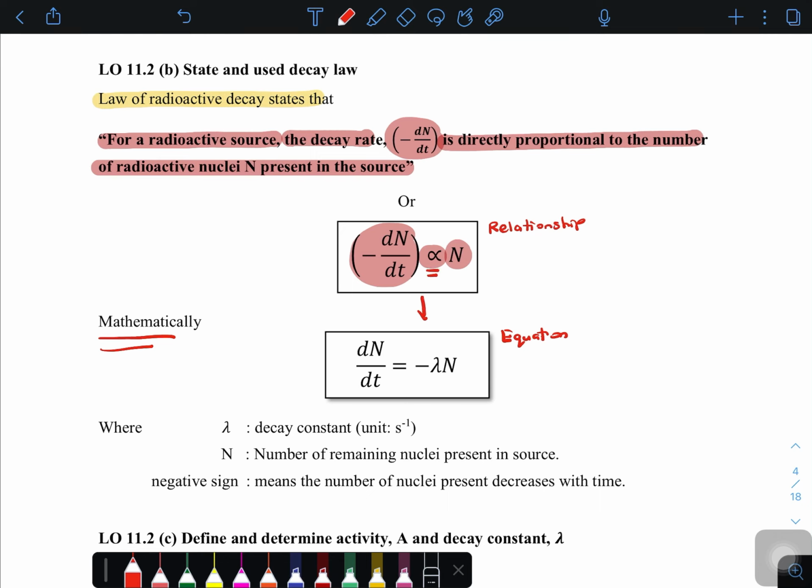into an equation. To make it an equation, we have to put in one constant, so we put lambda here, where lambda is the decay constant and the unit for lambda is per second. So dN over dt is equal to negative lambda N. The relationship has to be changed into an equation with an equals sign.